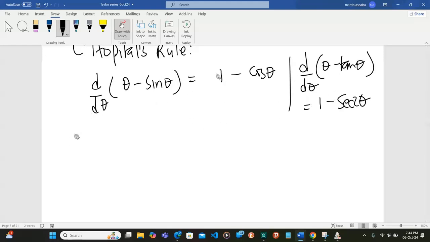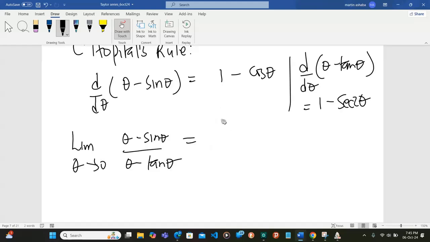So we are going to now take the limit as theta tends to 0 of theta minus sine theta over theta minus tan theta, which is the same as the limit of the derivatives, limit as theta tends to 0 of 1 minus cos theta divided by 1 minus sec squared theta.